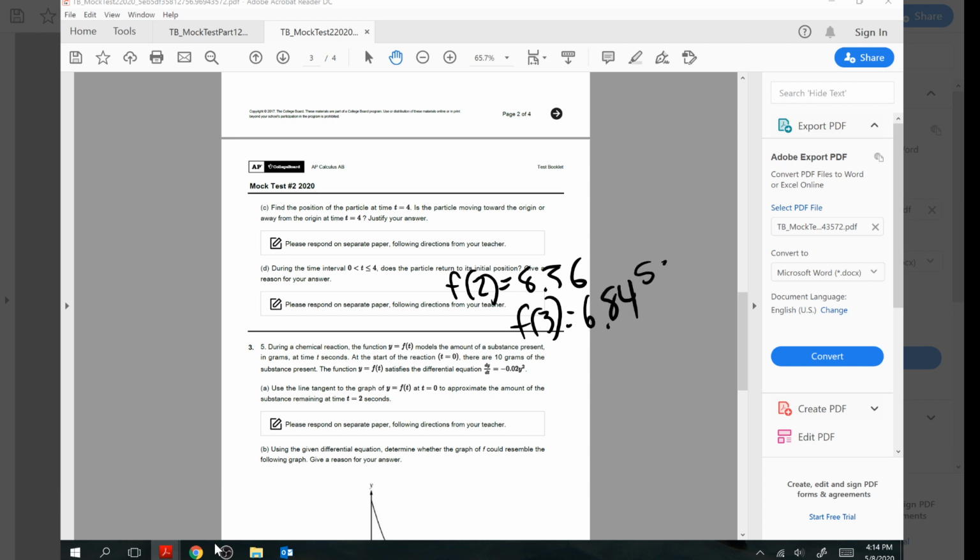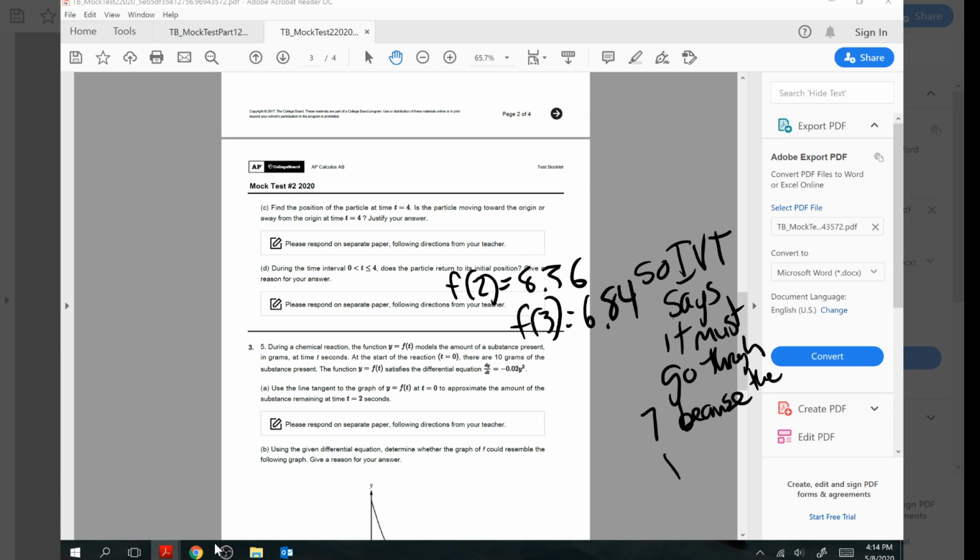So IVT, the intermediate value theorem, says it must go through 7, because the particle's movement is continuous. Very few people used the intermediate value theorem for this, so it was interesting that the only thing on the answer key was to use the intermediate value theorem.